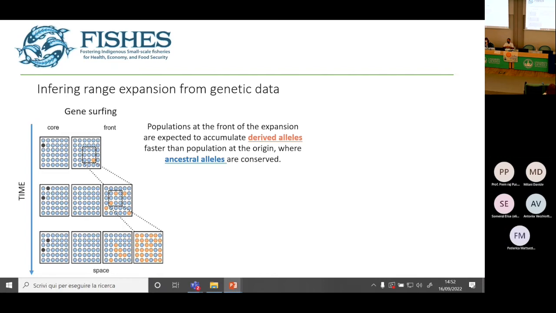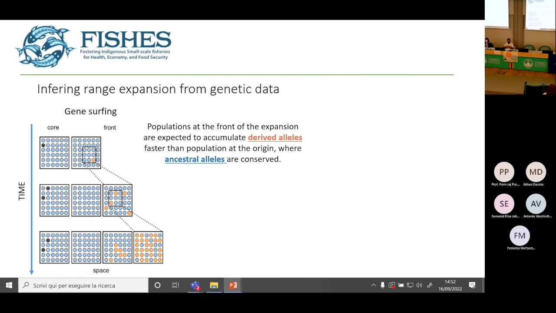So like you see in the diagram, a small number of individuals colonize the newly available habitat, and it can lead to higher drift. And so it can accumulate derived alleles that were not found in more ancestral populations.